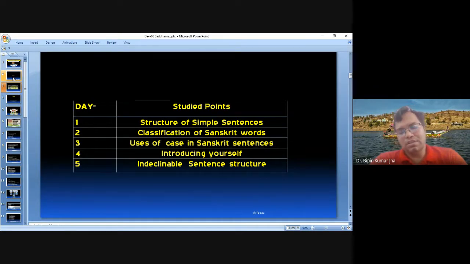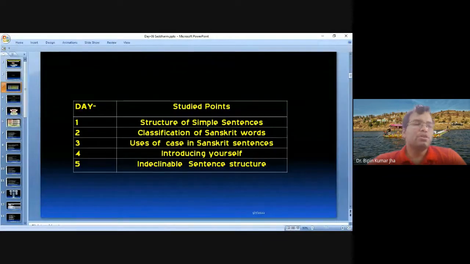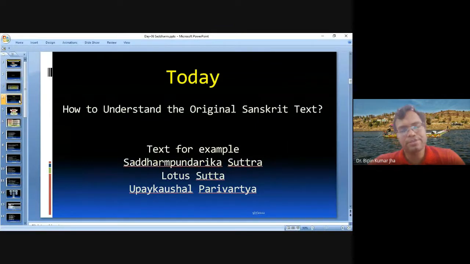Last Saturday, we studied and practiced some indeclinables, which are called avyaya. These are the points we have studied in the last 5 days.